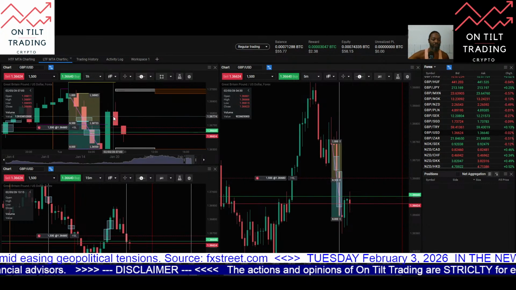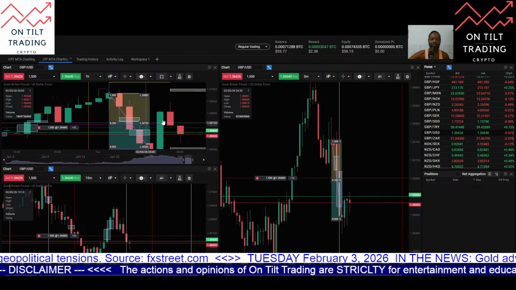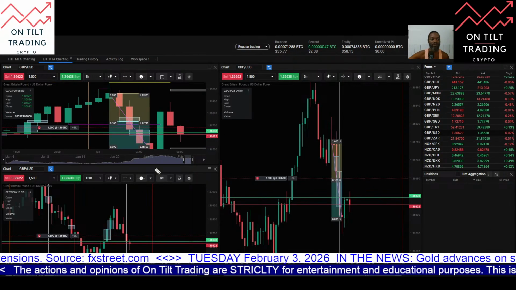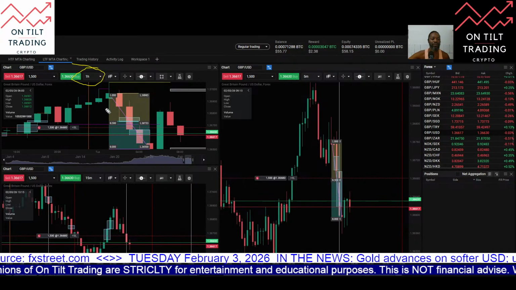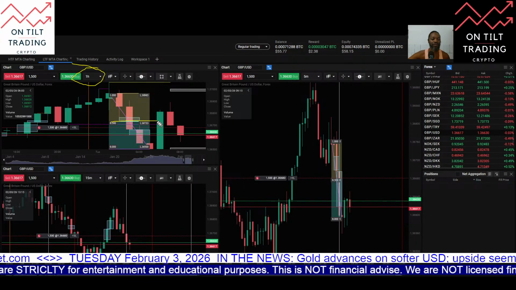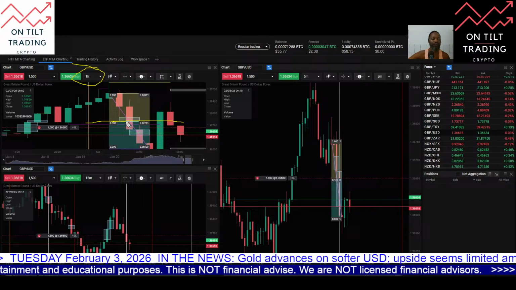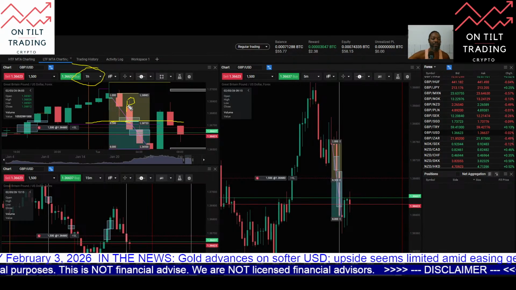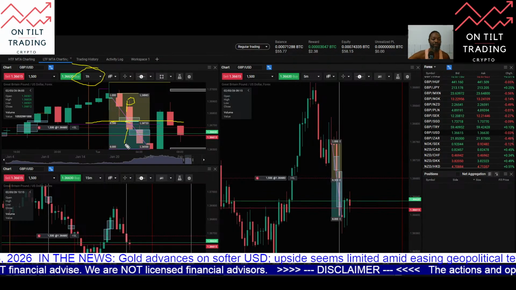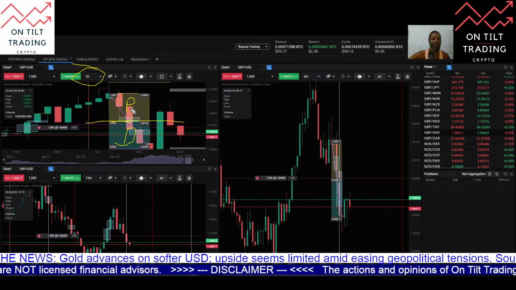So speaking of discount and premium, go here first on the 1 hour chart. With this being equilibrium, this 50% level, anything above that is going to be a premium. Anything below that is going to be a discount.